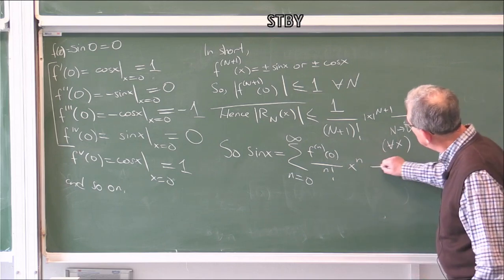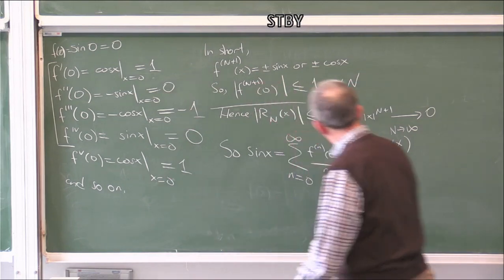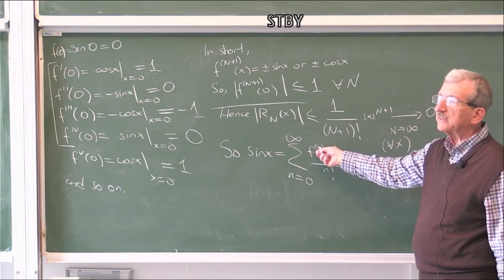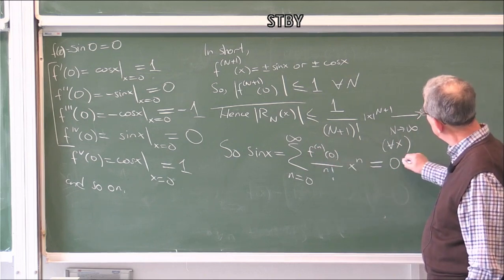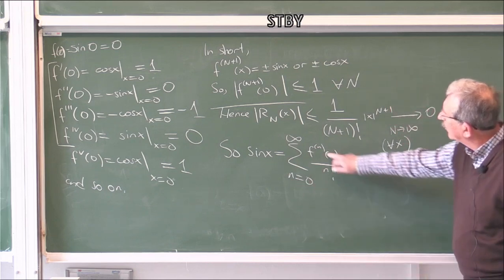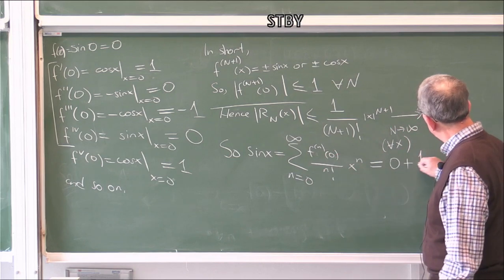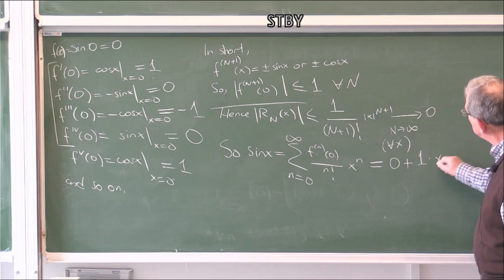Let us see what this is by looking at this side. When n is 0, f0 means sine x itself, so this is 0. Plus, when n is 1, we have the derivative here, it's 1, and we have x.